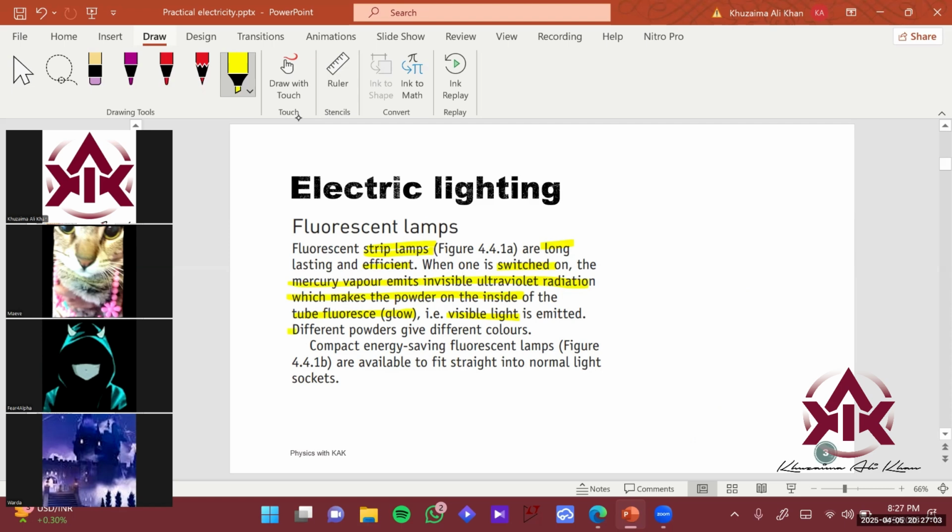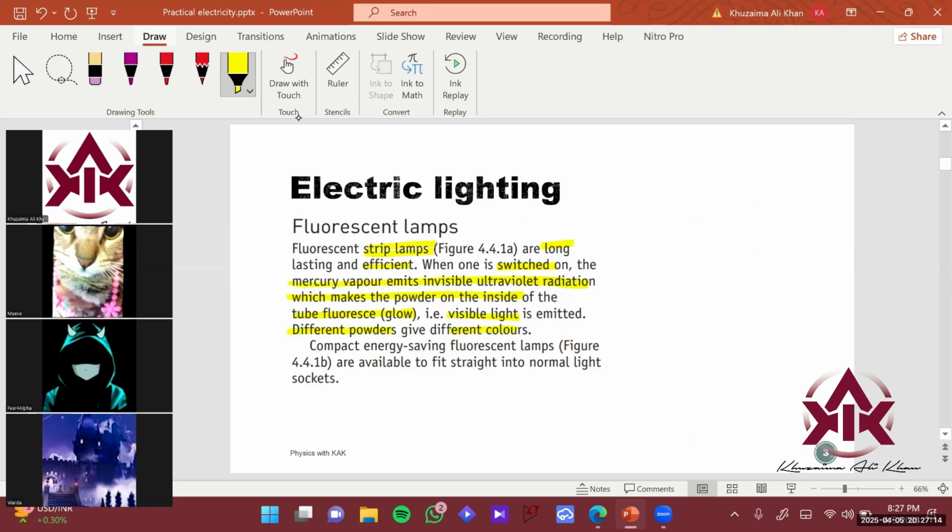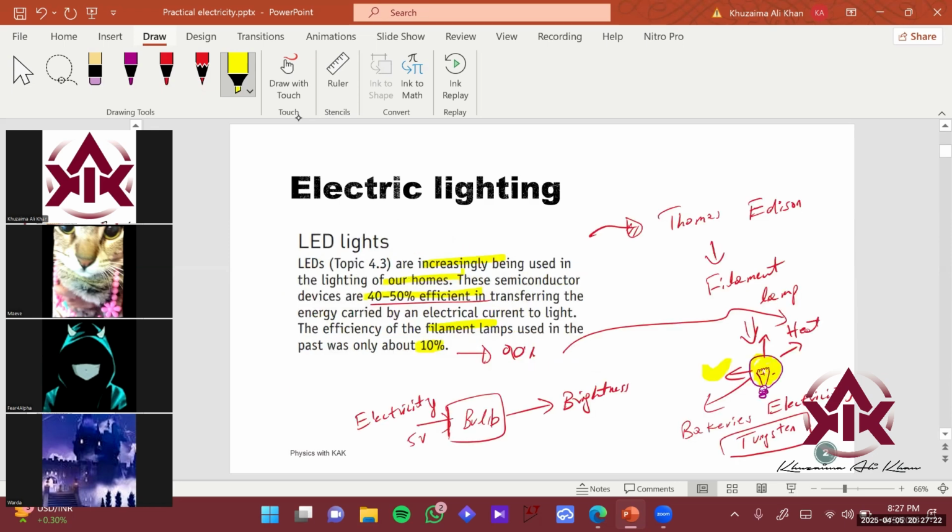We can use different powders to give out different colors. You might have seen bulbs in green, yellow, red and also white. You can use different types of fluorescent powders to give out different energies. You can see they were getting more efficient, going from 10% to 50% efficiency.